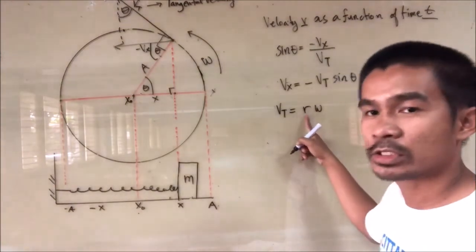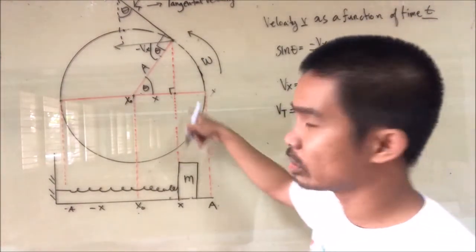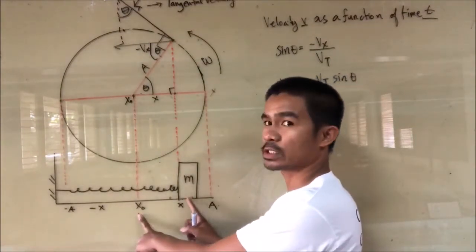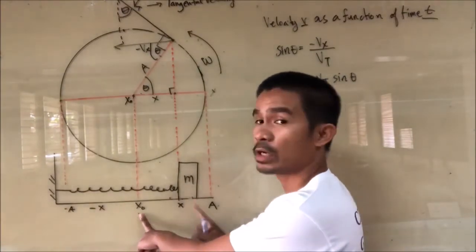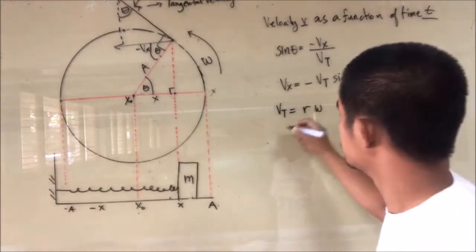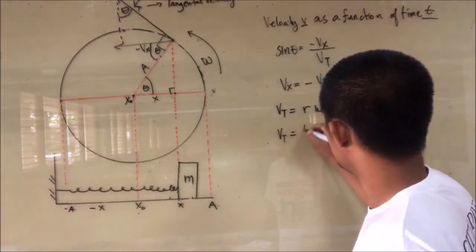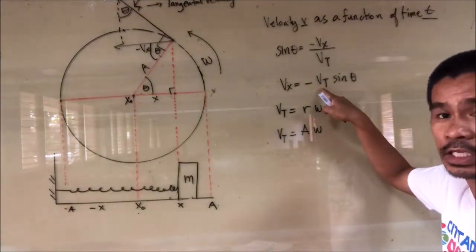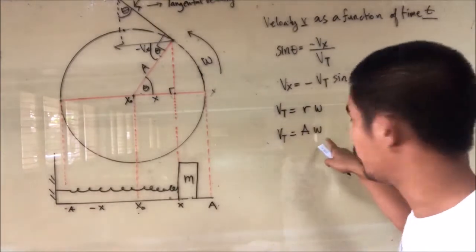And the radius of the circular path is equivalent to the amplitude of an object that is moving in simple harmonic motion. So R here can be replaced by A. So the tangential velocity will be A omega.